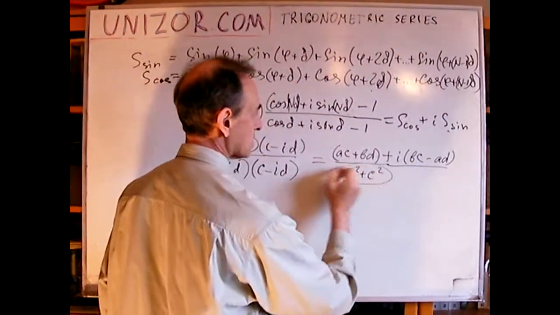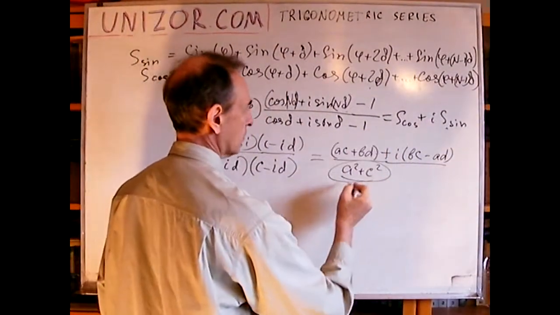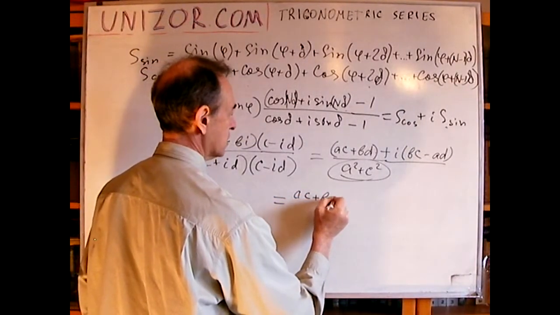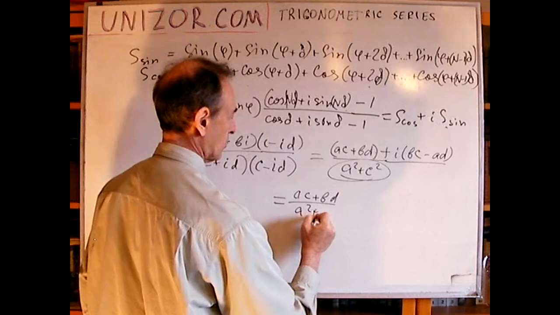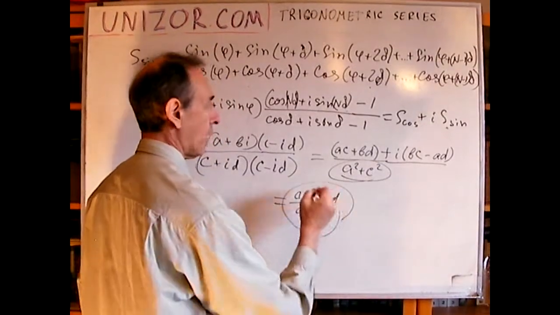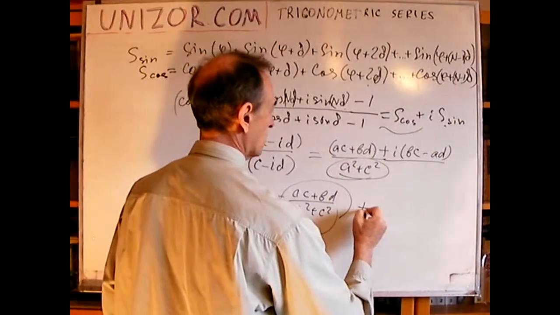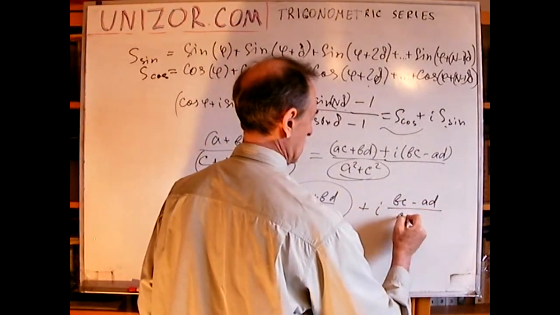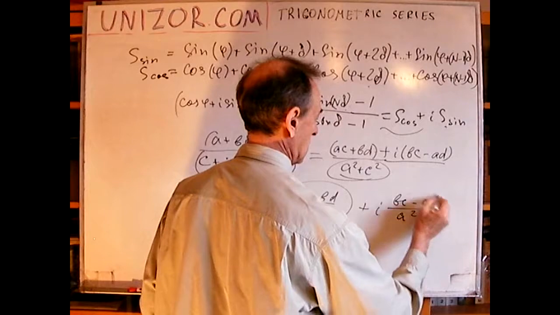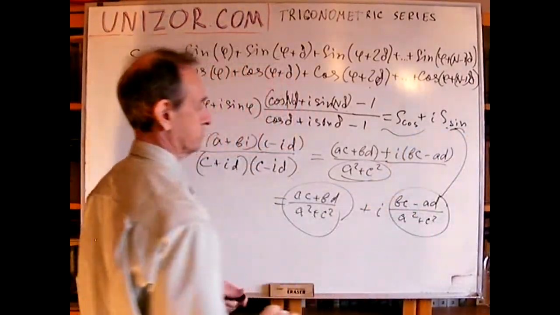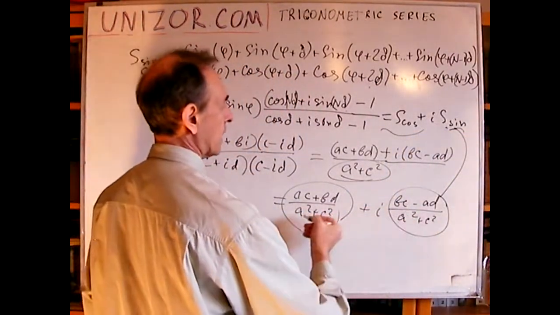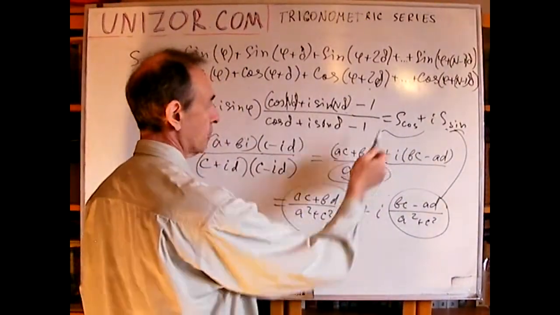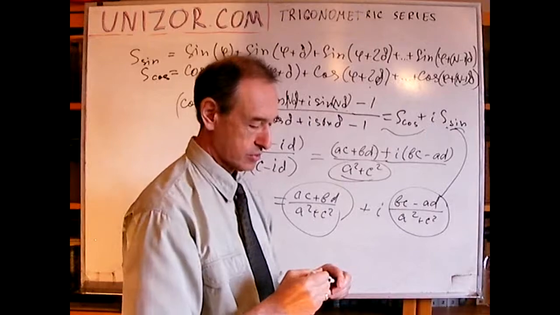But the denominator is real, so I can divide separately. So it's AC plus BD divided by C squared plus D squared. That's my real part, and the imaginary part would be this. Because if I have two complex numbers, both represented in a normalized form, the real part equals the real part and the imaginary part equals the imaginary part.